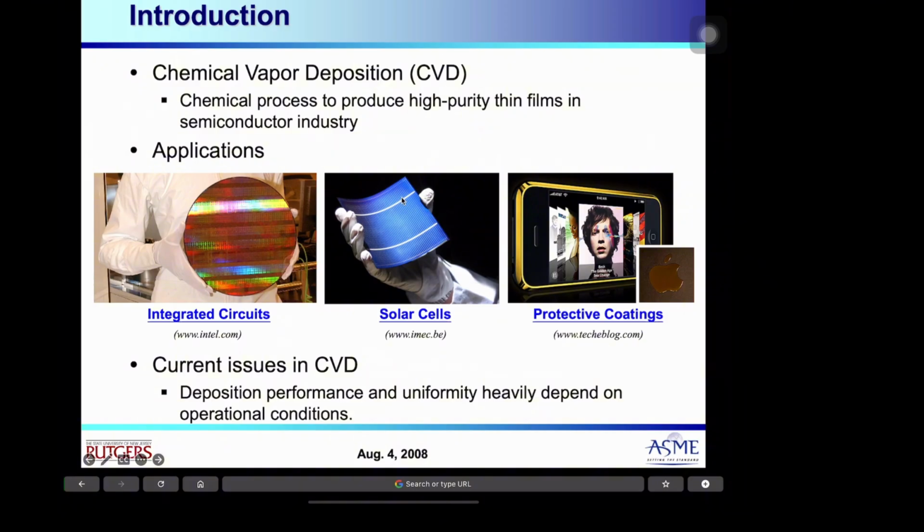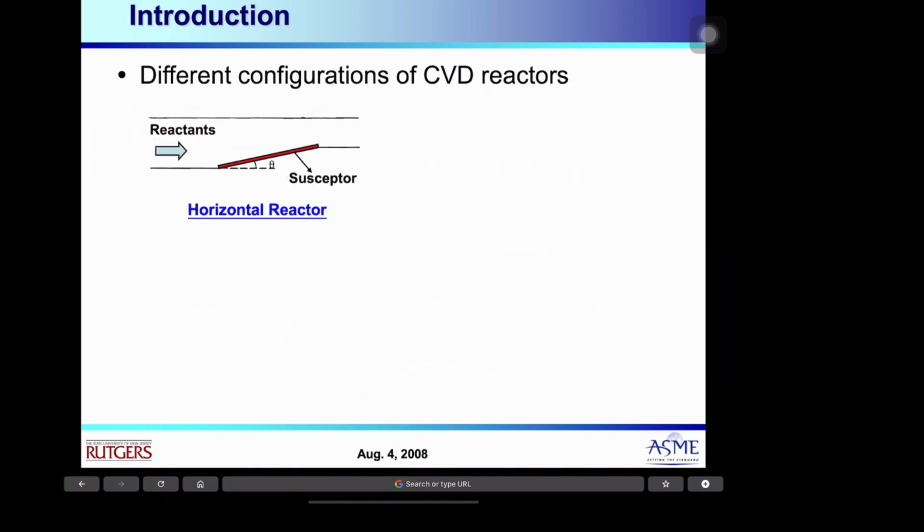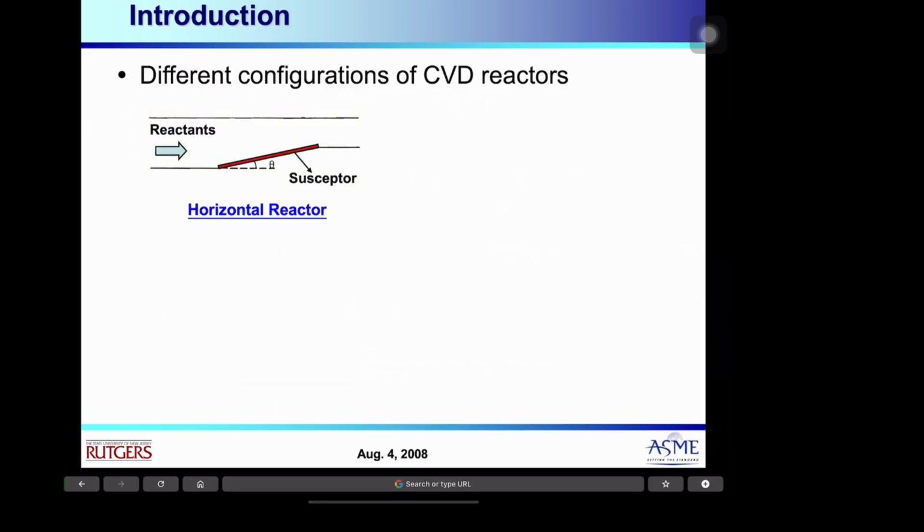So what does CVD do? CVD is basically a chamber with heat, and you have a reactant coming into the chamber. Because of the heat, a chemical reaction will happen at the bottom. If you have a silicon wafer there, there will be some chemical reaction happening on your wafer, so you can grow something.